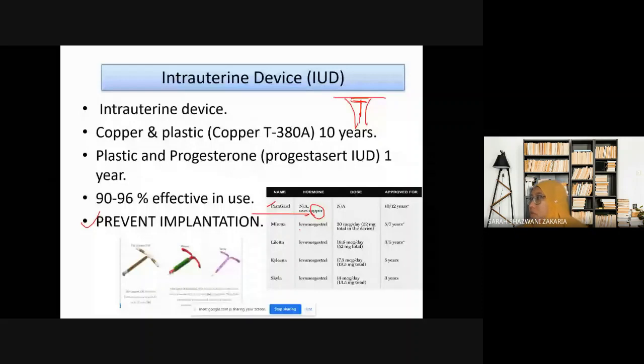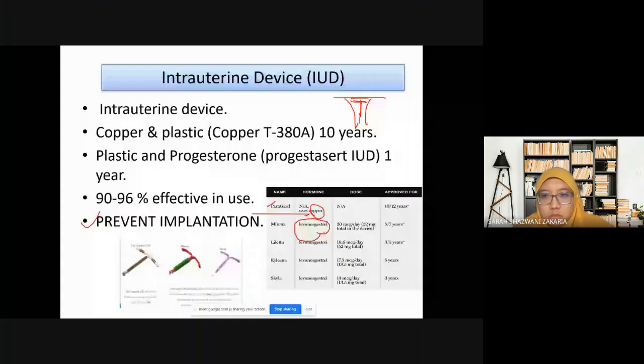One of your friends uses Lovora, which is under the same company. This one has progesterone. This one has copper and plastic.